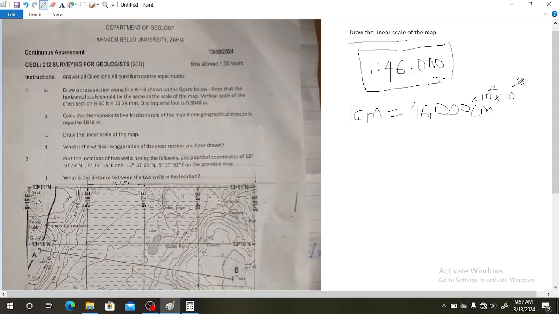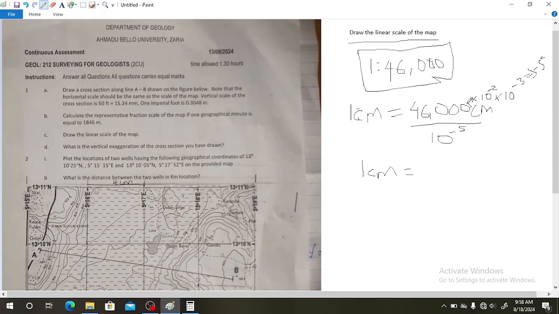Minus 2 minus 3, you'll get a cumulative of minus 5. We are going to divide this 46,000 centimeter by 10 raised power of minus 5. So we'll be having 1 centimeter is equal to, we are removing 5 zeros from this 46,000.